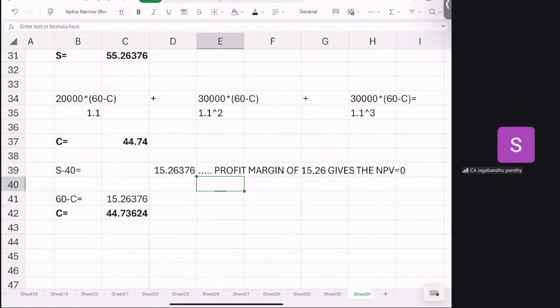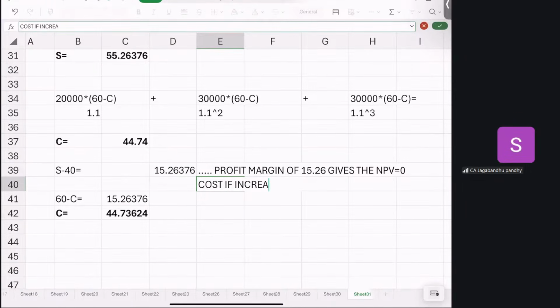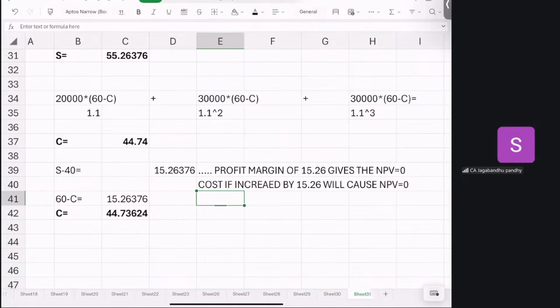So we can say, since we have this 15.26 as the margin, the cost, if increased by 15.26, will cause NPV to be equal to 0. Simple.